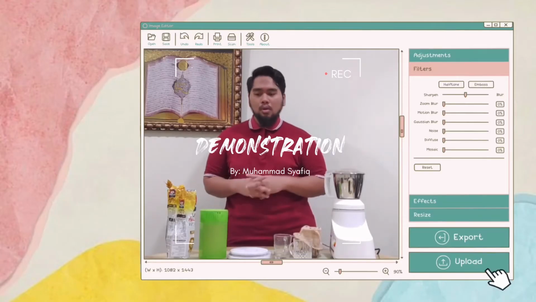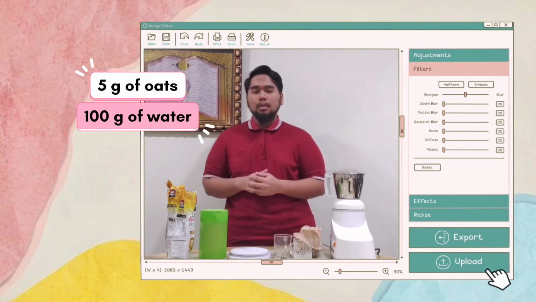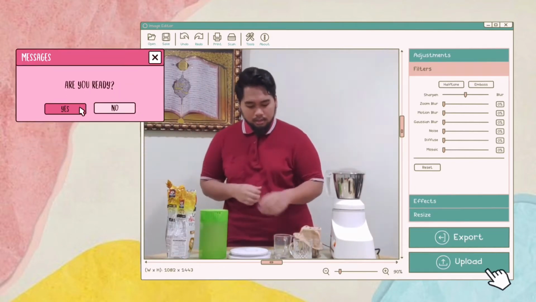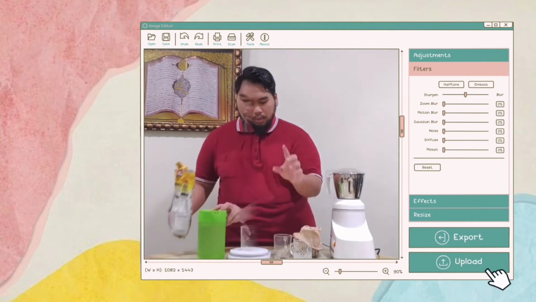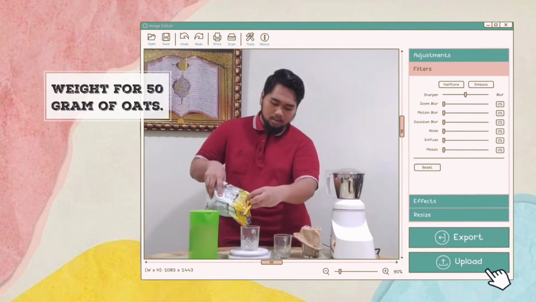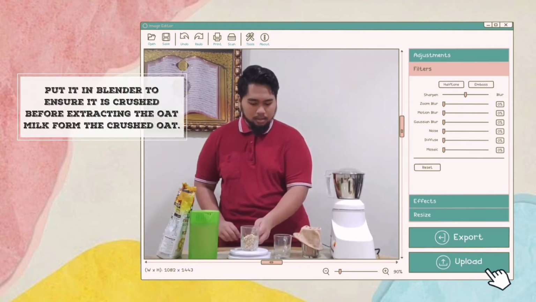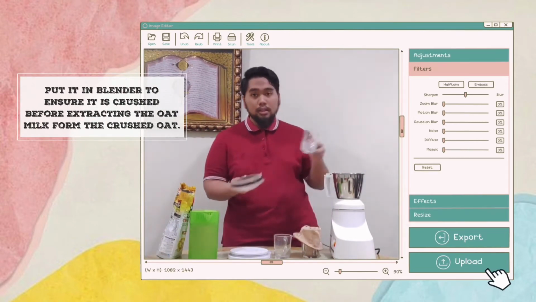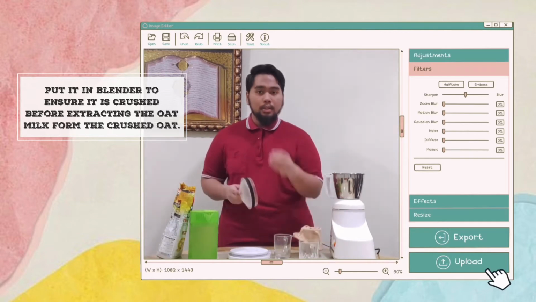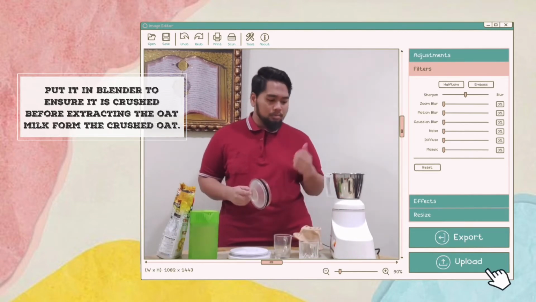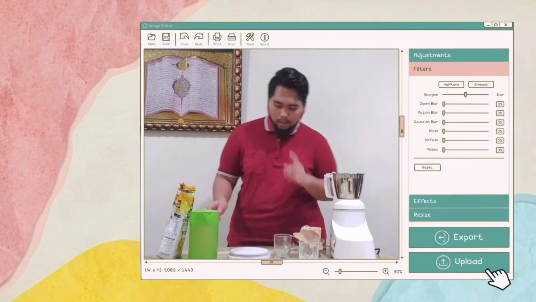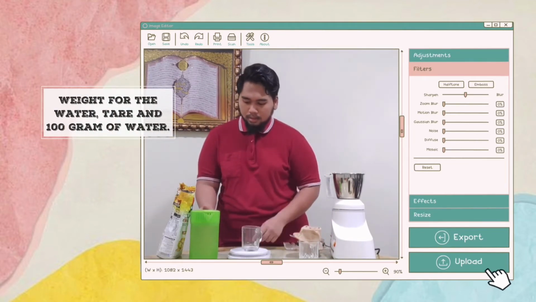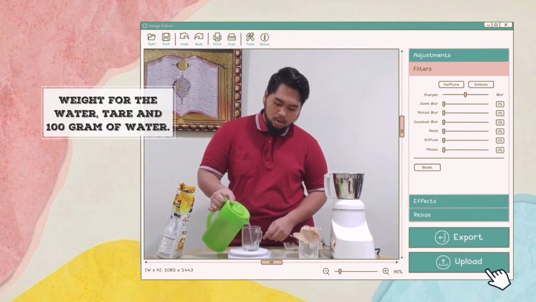So now we will do our first demonstration by using 50 grams of oats and 100 grams of water. So let's start. Okay, first thing first, we need to weigh 50 grams of oats. Then we put it in the blender to ensure it is crushed before we extract the oatmeal from the crushed oat. And then we weigh 100 grams of water.